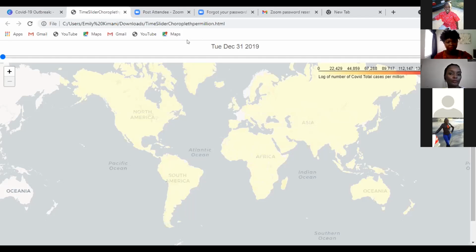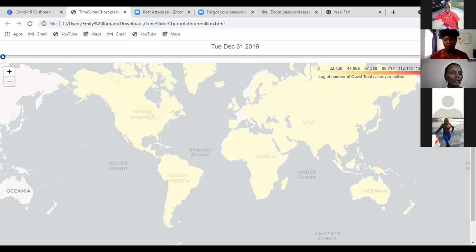Our data set was from December 31st, 2019, and with this time series data map, it's going to show us the change. Over here we have a legend that has the color, and with this color change, as you get the data in, the color of the map will change.